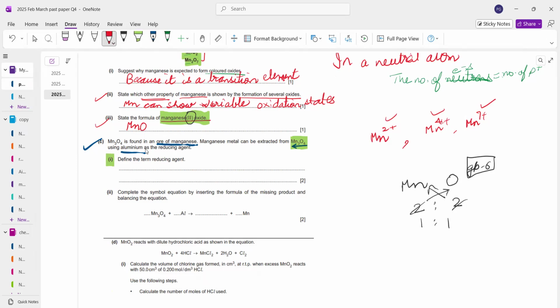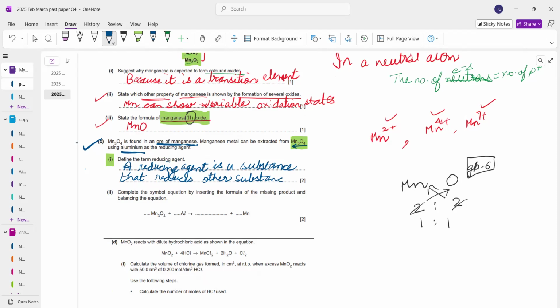Now this is interesting and very simple. What is a reducing agent? A reducing agent is a substance that reduces other substances.